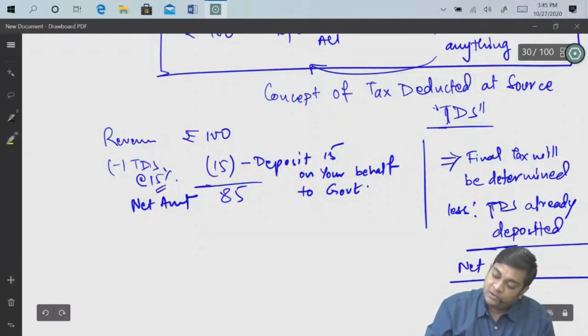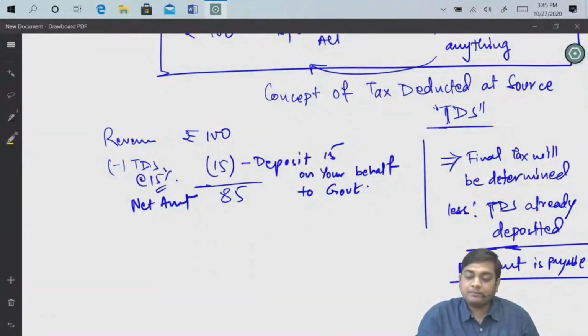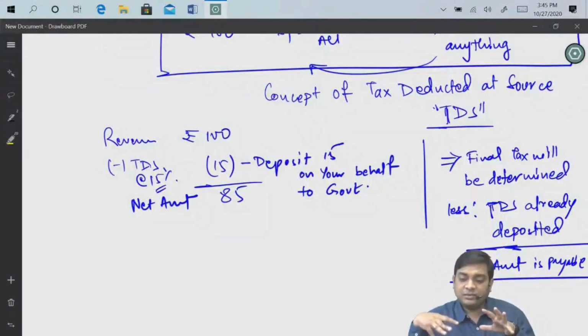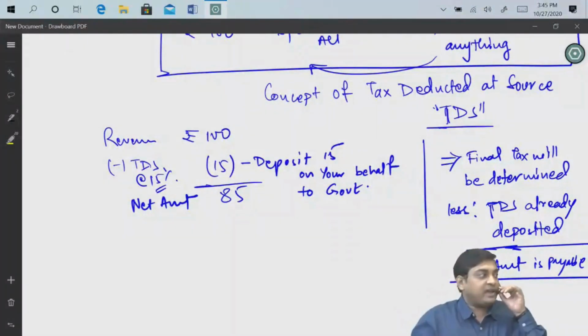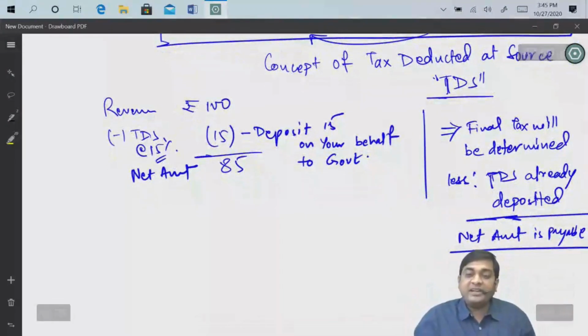So net amount is payable. So at least you will not run out of cash to pay your income tax. You're not going to run out of cash if this concept of TDS is being introduced.